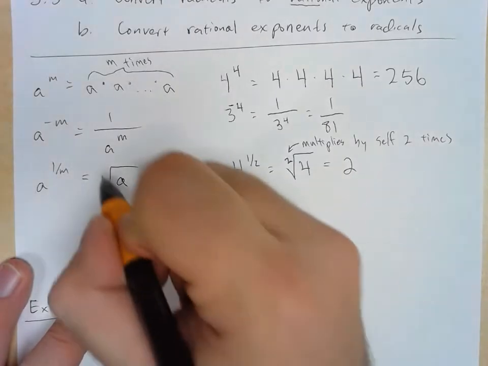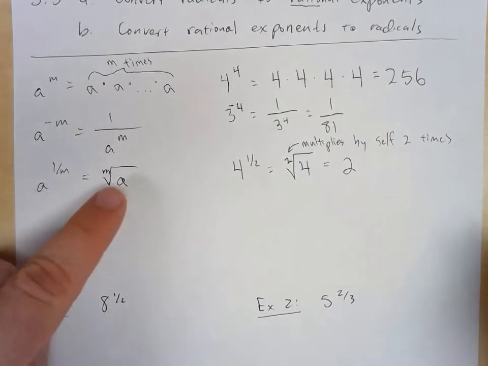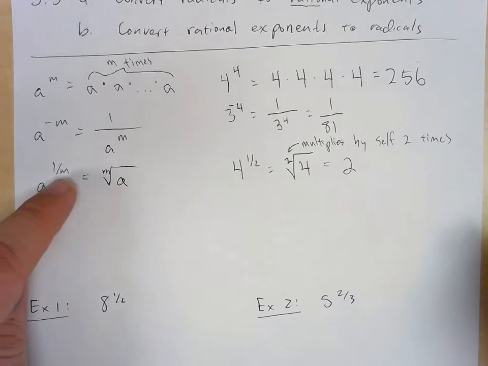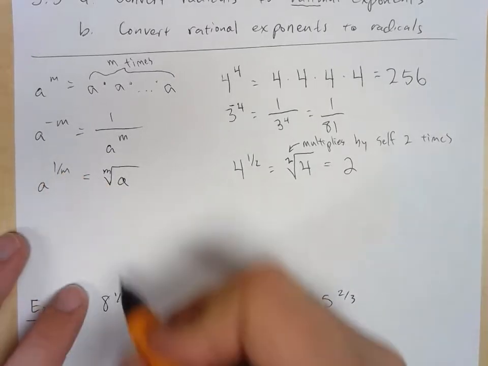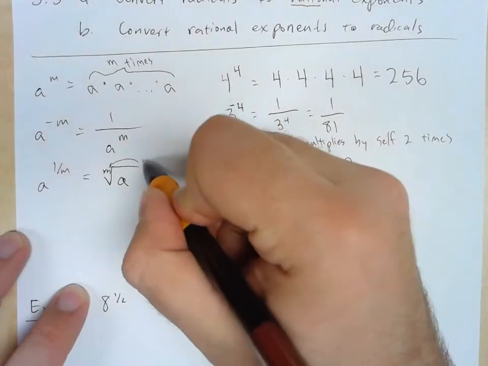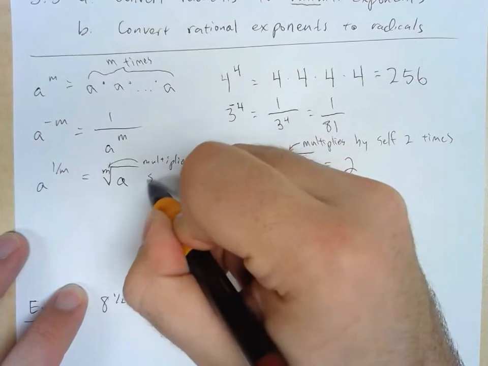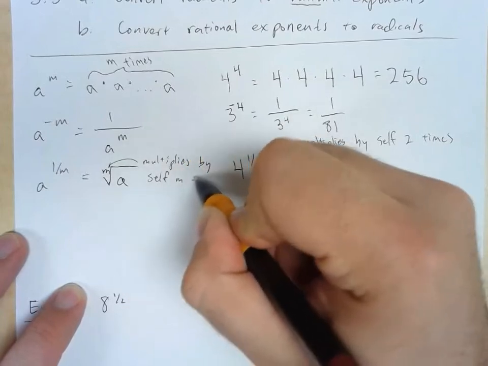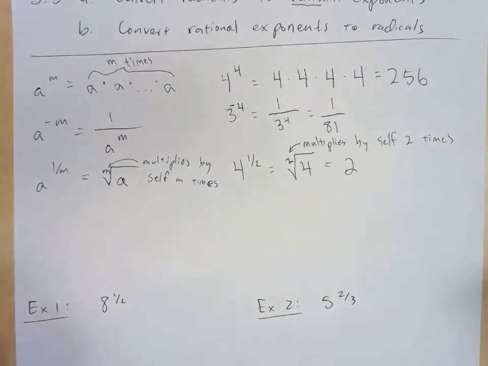So basically, the shortcut is that we take the a, we put it on the inside of the radical, and whatever that denominator is, we put it as the index. And so this would say it multiplies by itself m times, where we've seen 2 quite a bit, and 2 is that number for square roots we don't have to show.